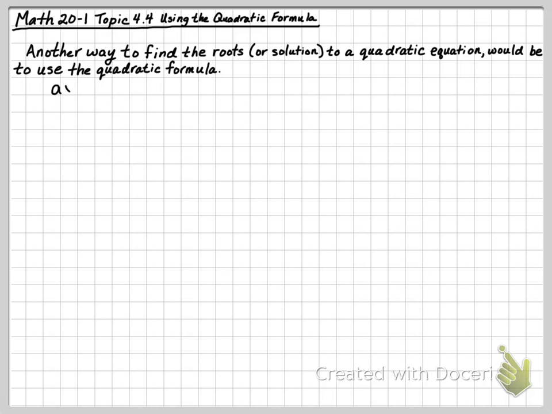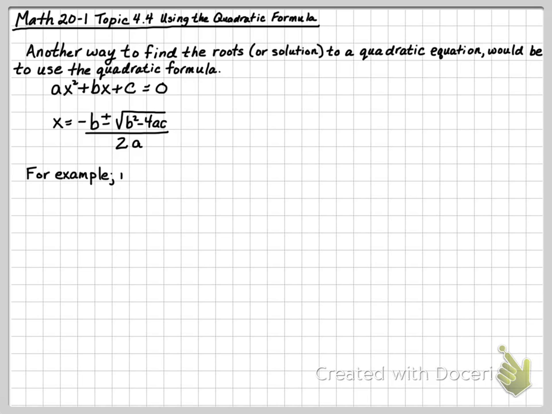In a quadratic equation, ax squared plus bx plus c equal to 0, we can find the roots directly: x equals negative b plus or minus the square root of b squared minus 4ac, divided by 2a. A, b, and c are the parameters of our quadratic equation.